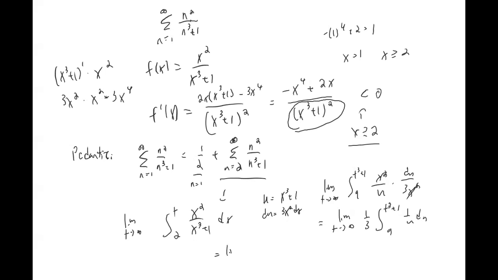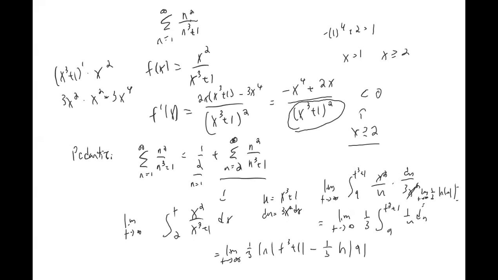So this is the limit as t goes to infinity. This is natural log, right? So it's 1/3 natural log of u, and then you evaluate at the bounds. So this is 1/3 natural log of t cubed plus 1, and then minus 1/3 natural log of 9.